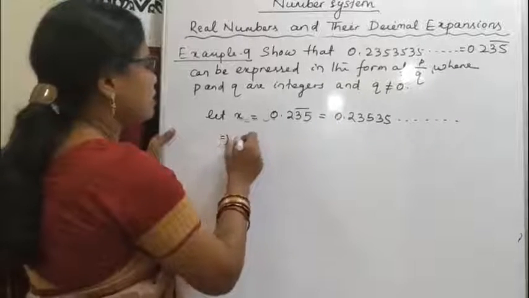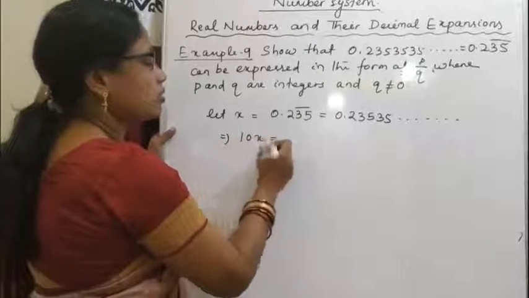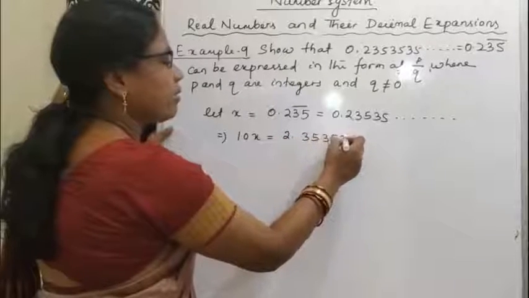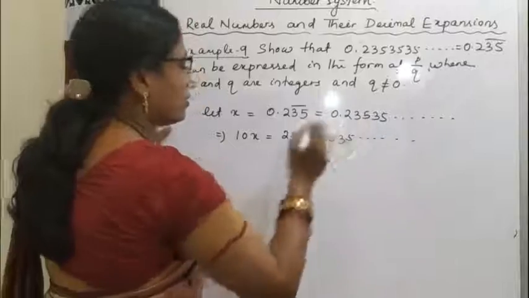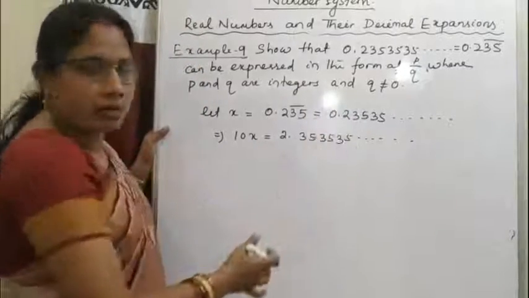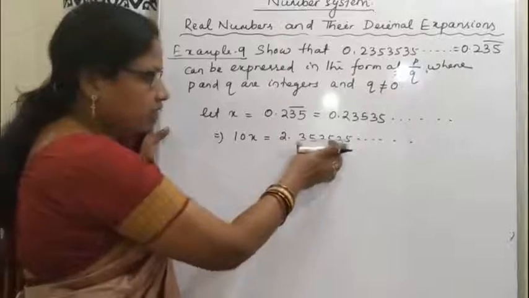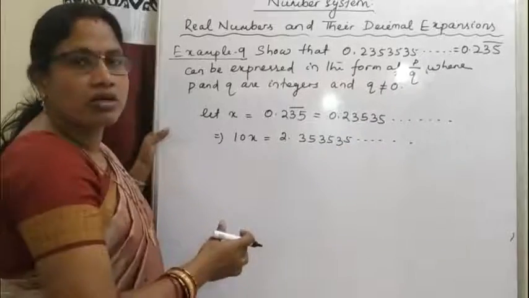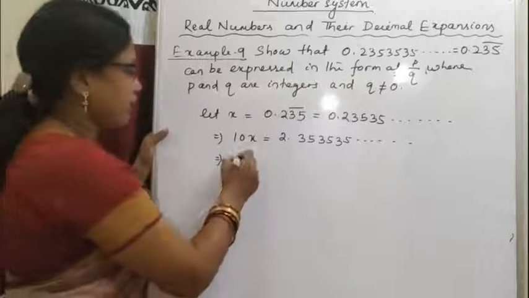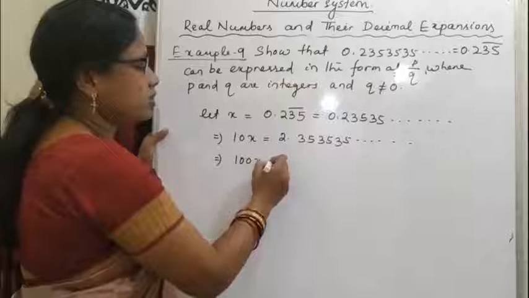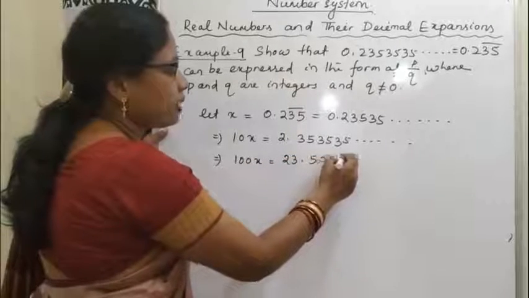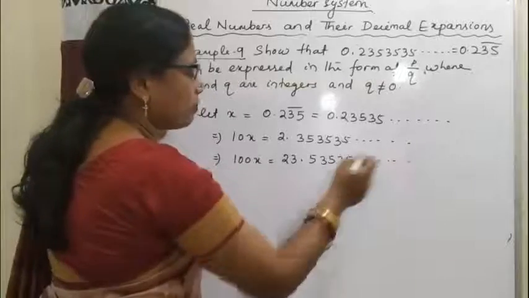So this implies 10x is equal to 2.3535 up to infinity. Then in these two decimal numbers, the digits after the decimal points are not the same. So again we have to multiply by 10. So 100x is equal to 23.53535 up to infinity.